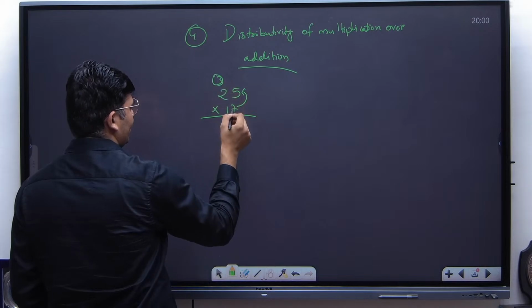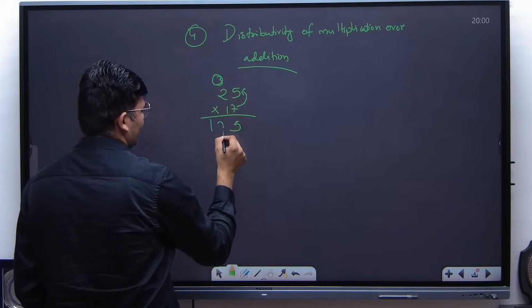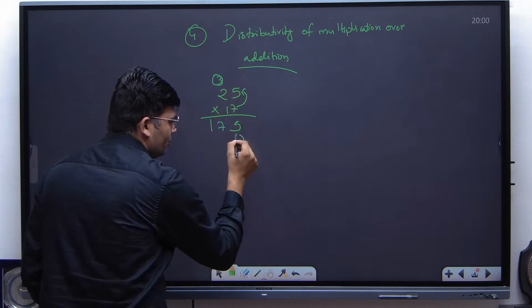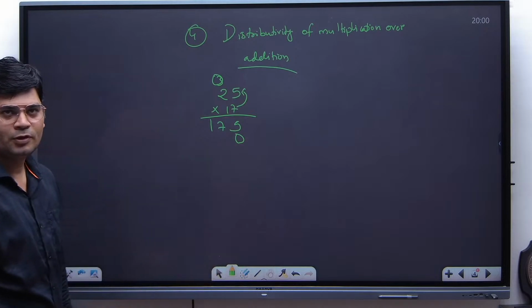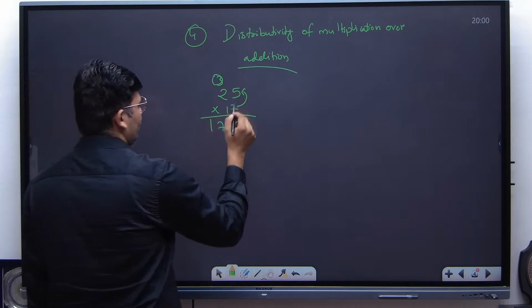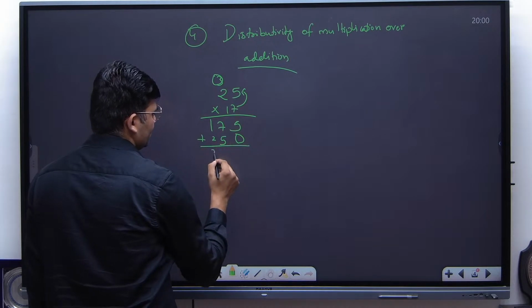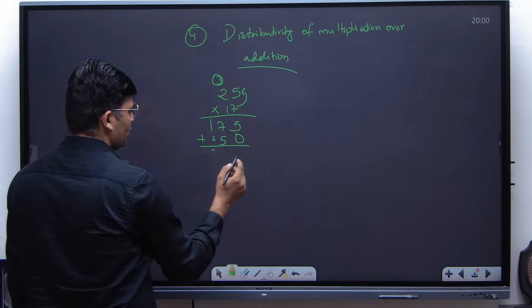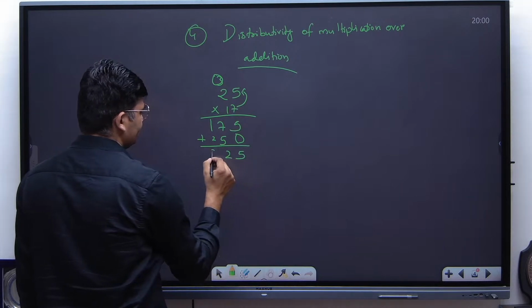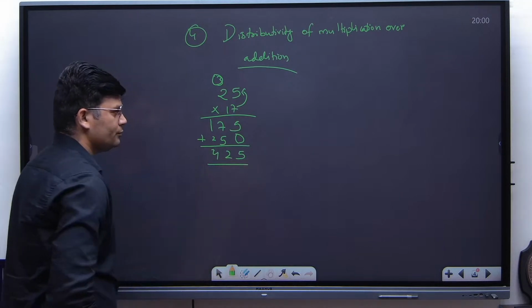Then 7 into 2, 14 plus 3, 17. Then you put 0 below this. Then you write 1 into 5 is 5, 1 into 2 is 2. And then you add these numbers, so you write 425, right?